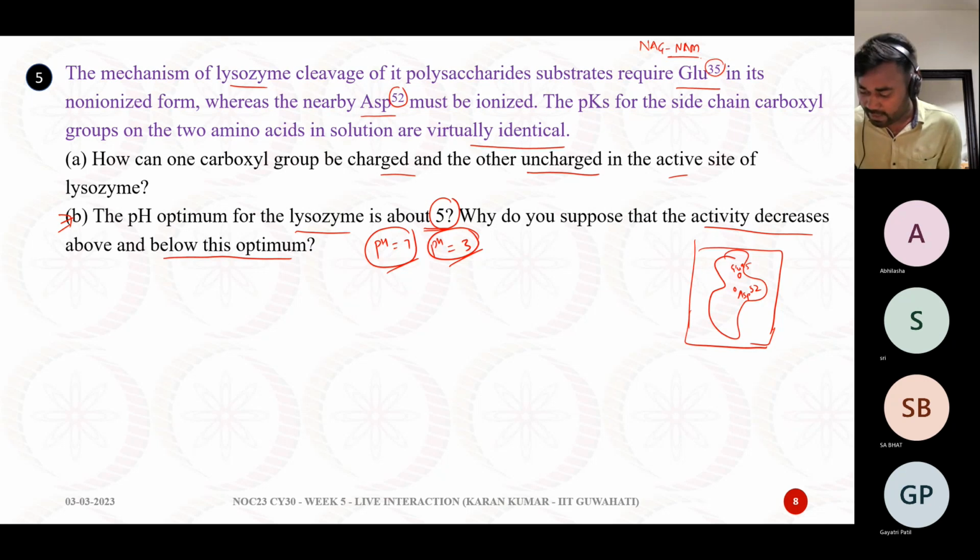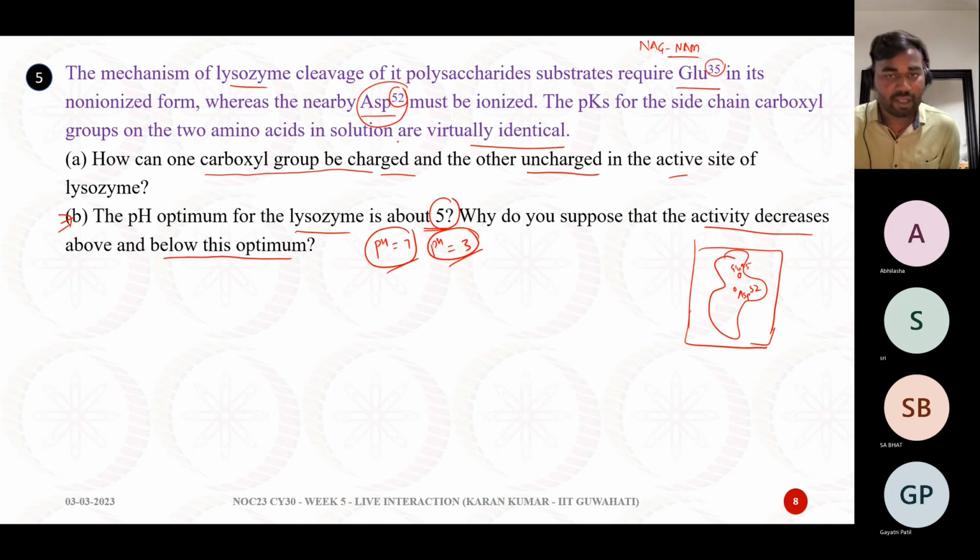In that case, the environment will produce a non-polar condition for glutamic acid 35, in which ionization is favorable. So the carboxylic acid of glutamic acid will be ionized, but that is the inverse in the case of aspartic acid.